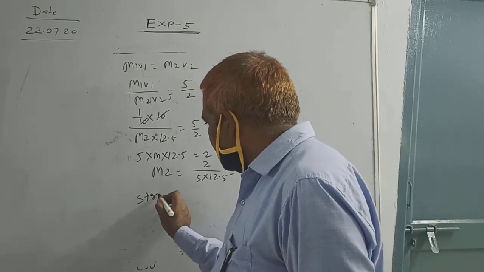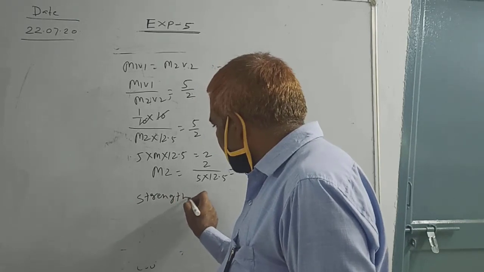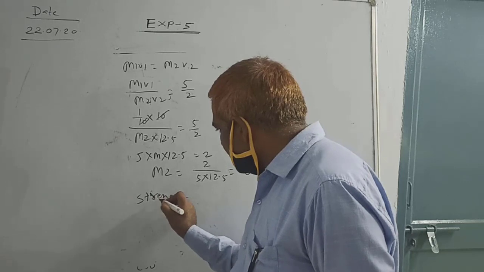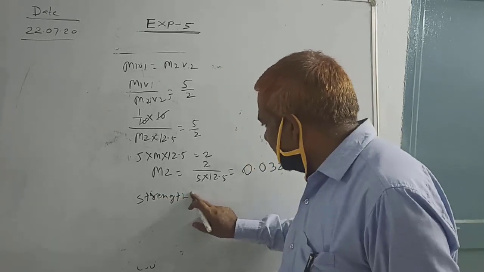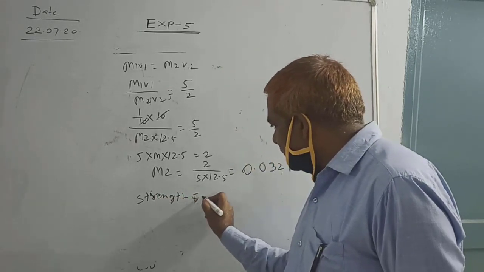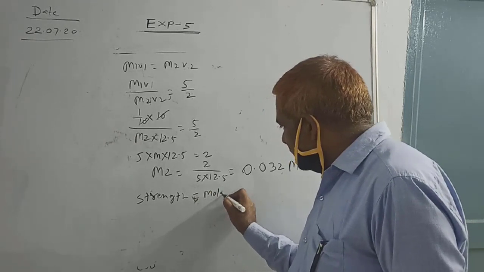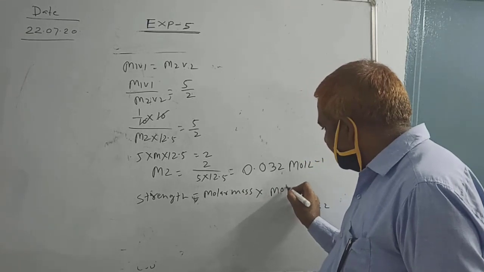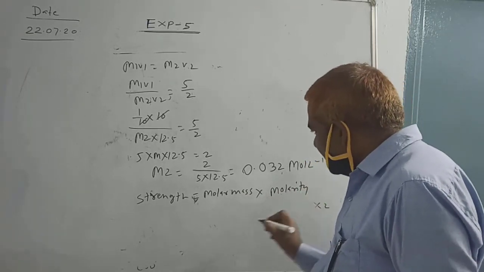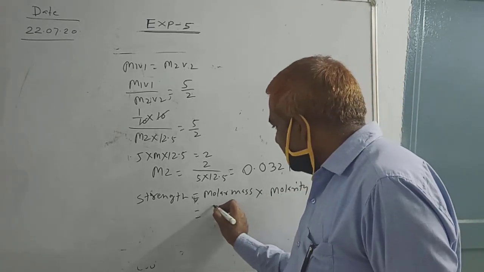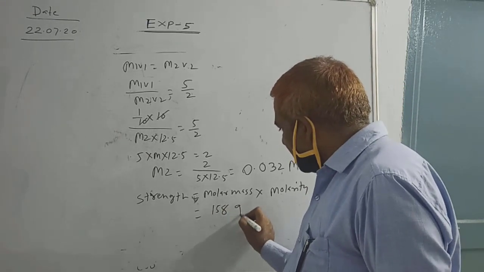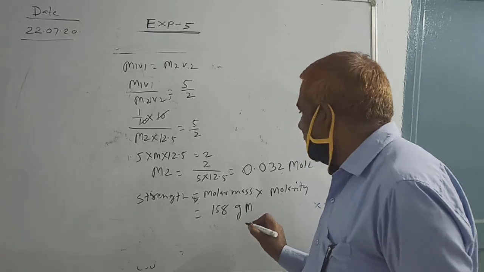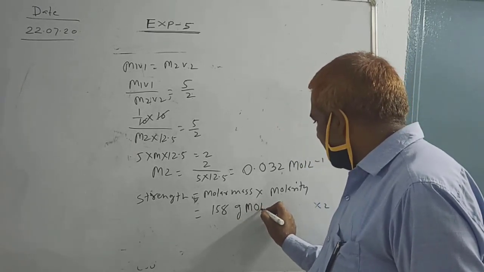Strength equal to molar mass into molarity. Molar mass equal to 158 gram per mole.